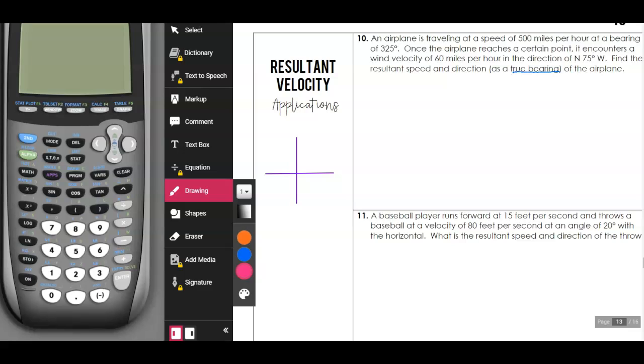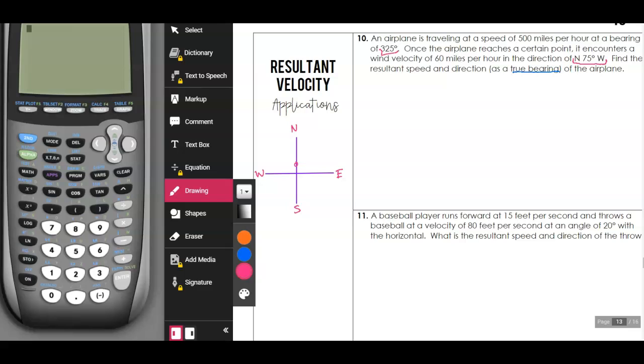First of all, this bearing is a true bearing, right? Because it doesn't have an N or an S or an E or a W in the bearing, meaning it's a true bearing. And we need to remember or look back in our notes that true bearings start on the north line. So here my bearing starts on the north line and it goes 325 degrees clockwise.